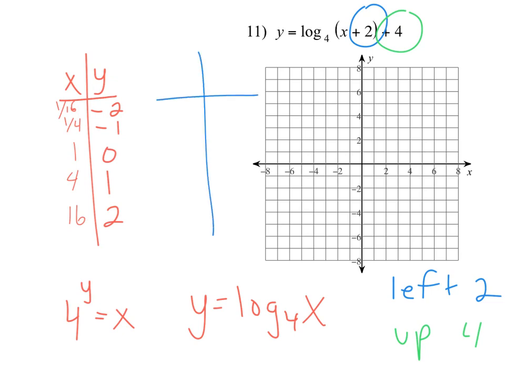This can be tricky. Let's start with something a little bit easier. So I will start at the bottom. 16 minus 2 is 14. 4 minus 2 is 2. 1 minus 2 is -1. 1/4 minus 2 is -1.75.